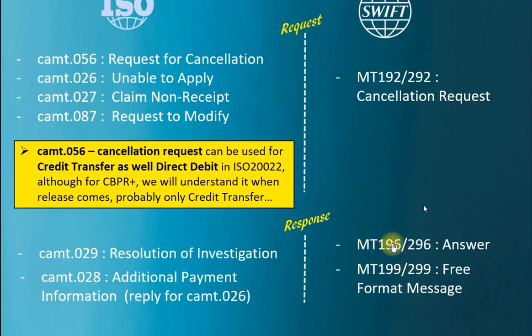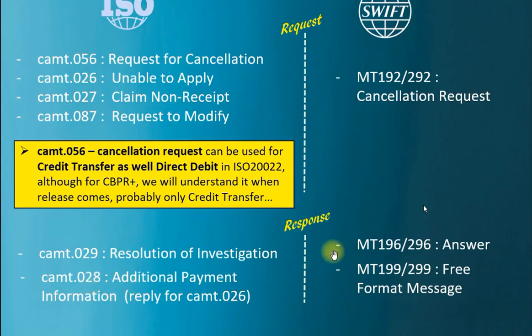It can be 96 or it can be 99 format. While in the MX world, standardization has been done. Typically CAM 29 is used for all these services of 56, 27 and 87, while for 26 currently CAM 28 is used in one or some of the clearing systems, but we will see how it gets standardized as the MX world starts with ENI messages as well.